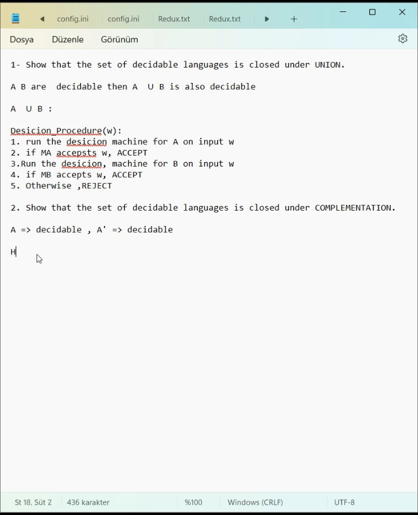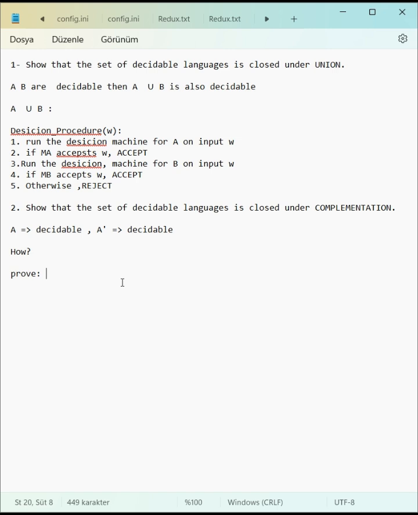How? Let's prove. This is the actual claim: A decidable implies A complement is also decidable. In this question, our goal is to prove that if A is a decidable language, then its complement A complement is also decidable.